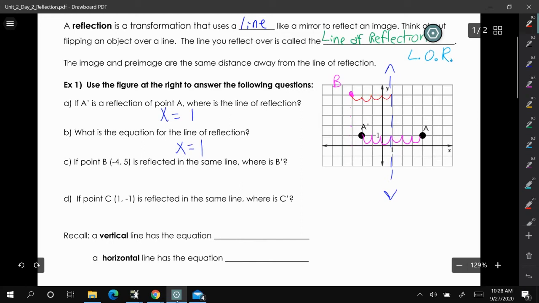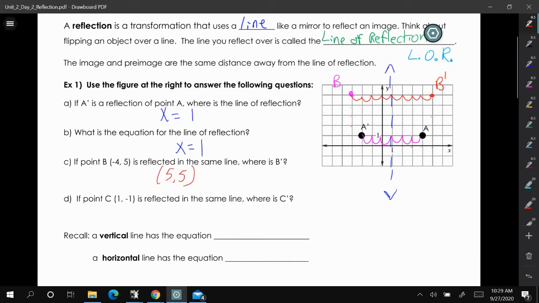So we have to go 4 units on the other side. Here is B prime. And the coordinates of that point are 5 comma 5.